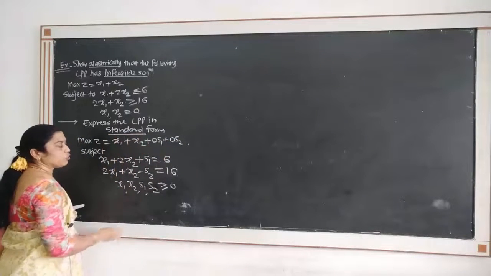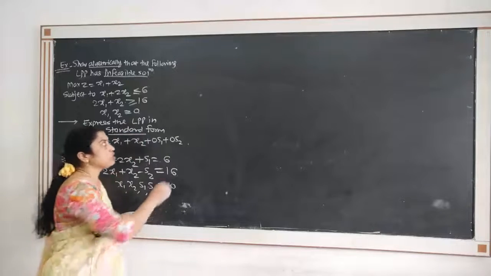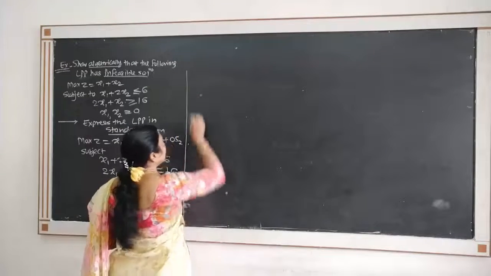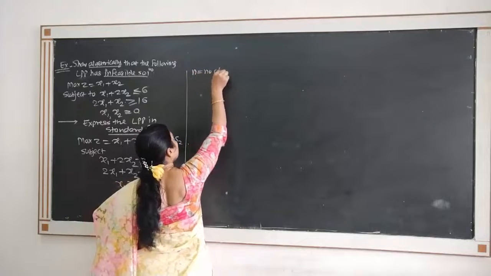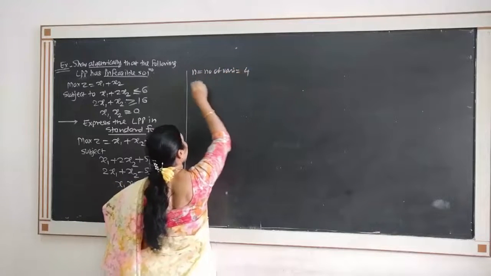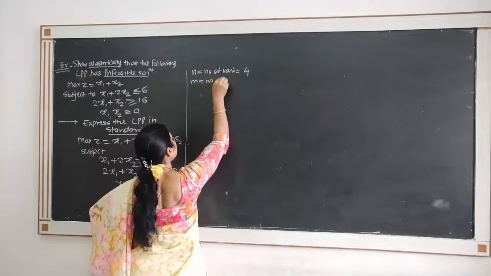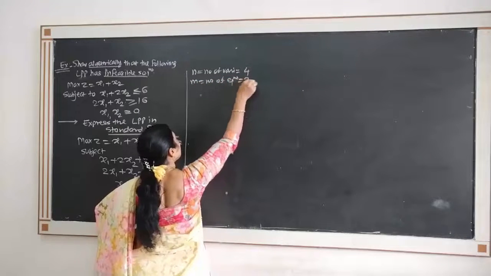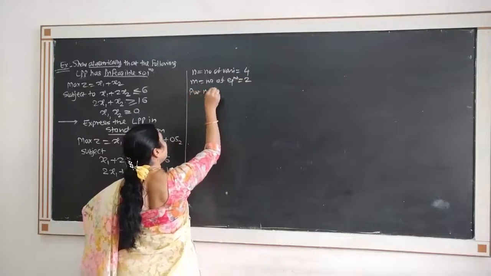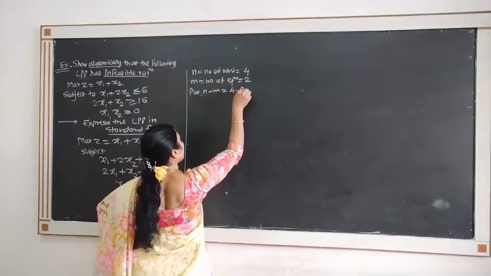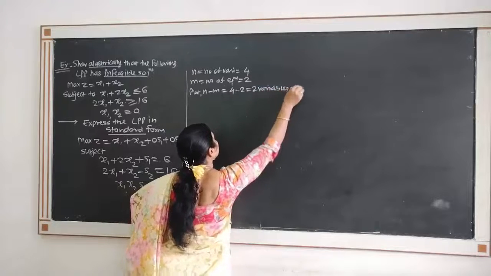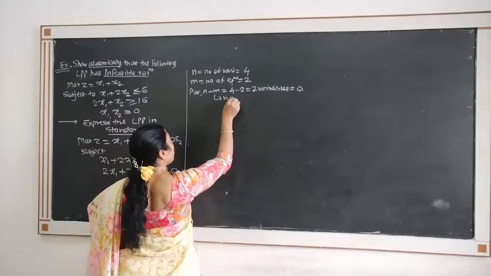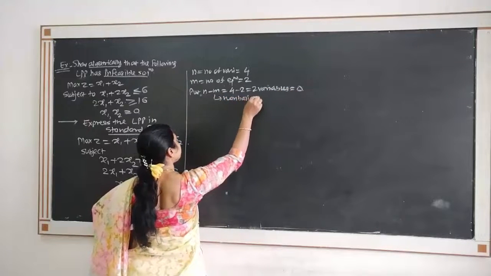Then what do we do? We see the number of equations and the number of variables. The number of variables, n, is 4, and the number of equations, m, is 2. So we always put n minus m, that is 4 minus 2, that is 2 variables equal to 0. These variables are non-basic variables.